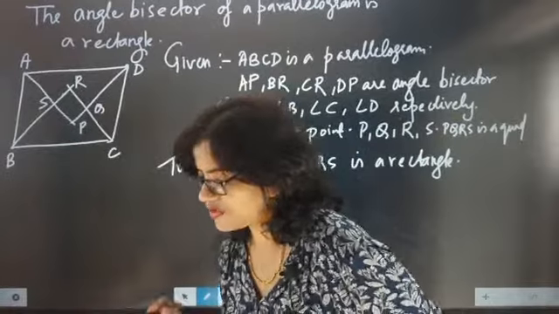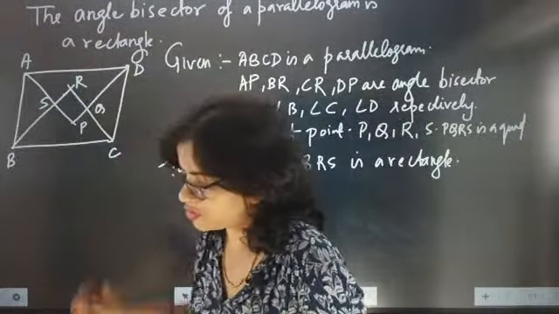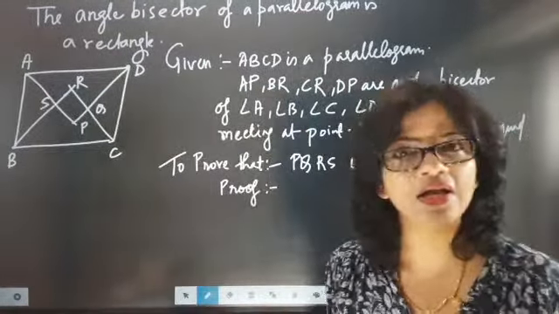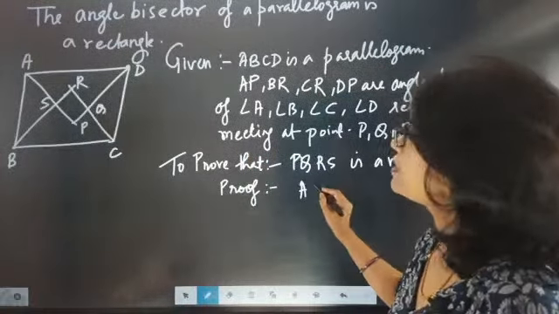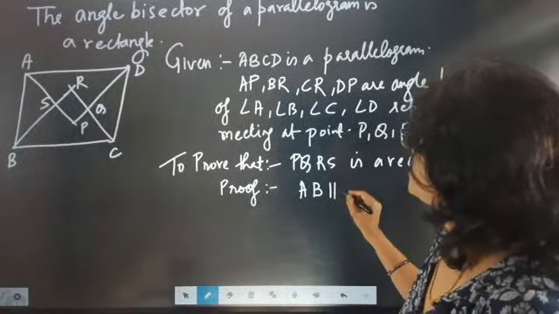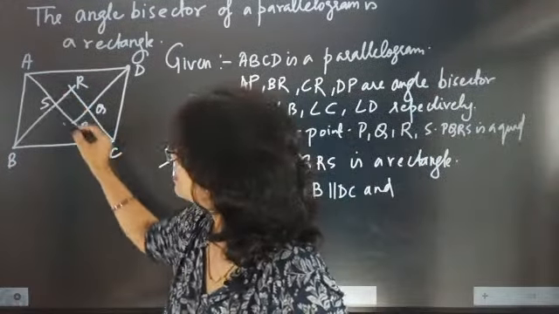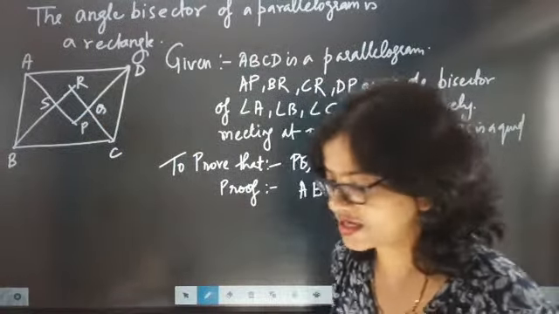Now one very important thing we are going to say: AD is parallel to BC, and the bisectors of angle A and B. Look here, AB is parallel to DC, and angle A and angle B are getting bisected.